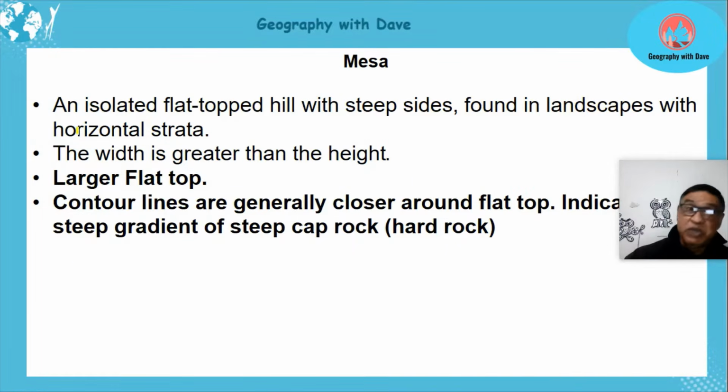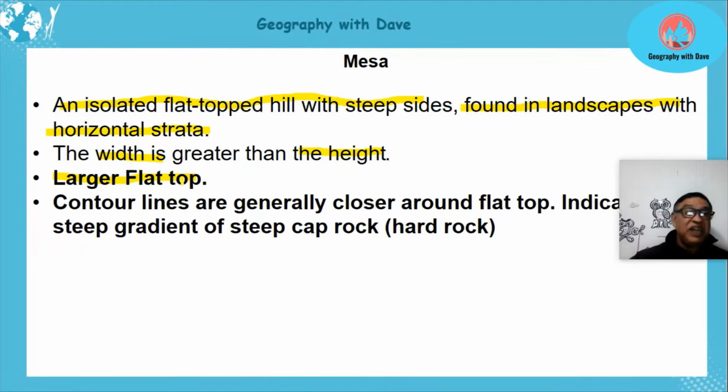Oh, before we do that, let's do our summary. Apologies, learners. Okay, what was the Mesa again? It's an isolated flat topped hill with steep sides found on landscapes with horizontal land strata. Okay, you've done that in your theory. Of course, we said the width is greater than the height. That's what we picked up. It's a large flat top.